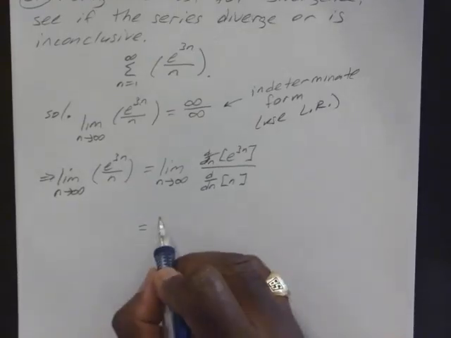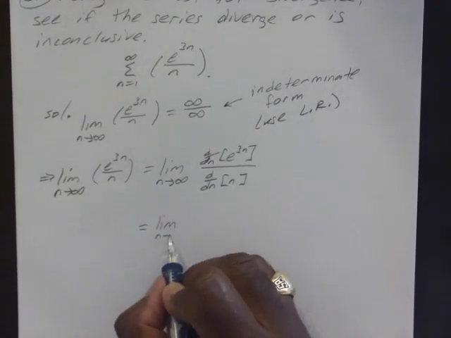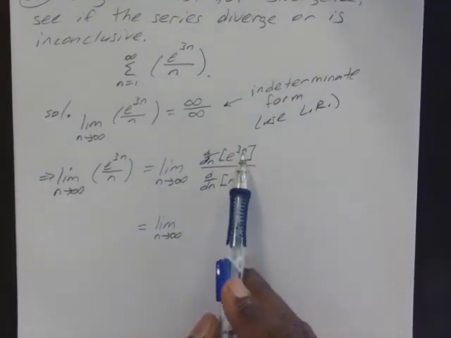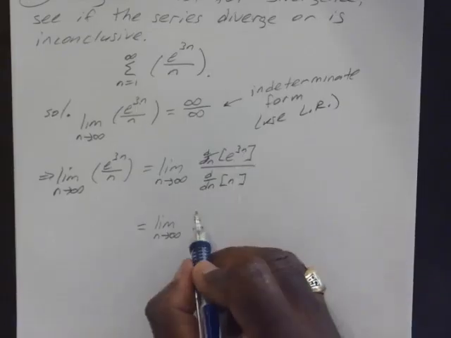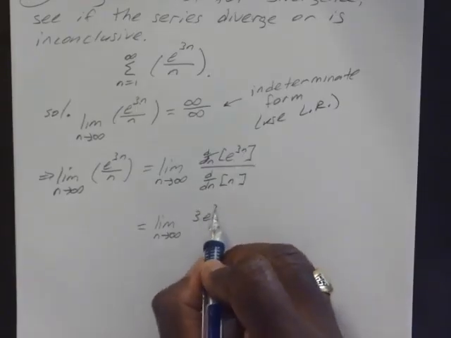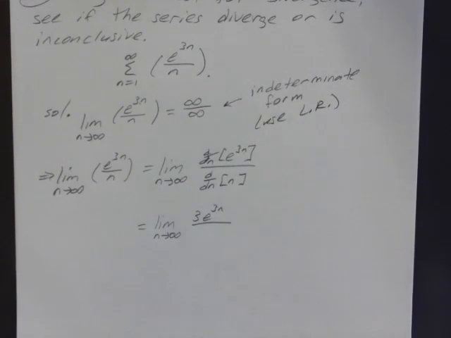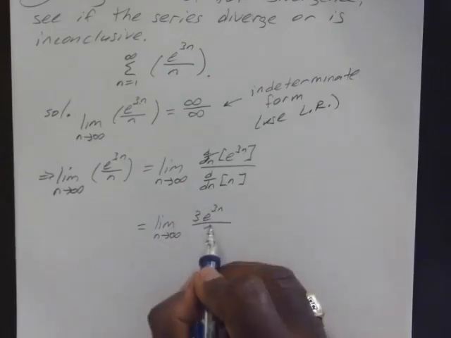Well, we can rewrite that as the limit as n approaches infinity. The derivative of e to the power of 3n is just 3 times e to the power of 3n, divided by the derivative of n with respect to n, which is just 1.